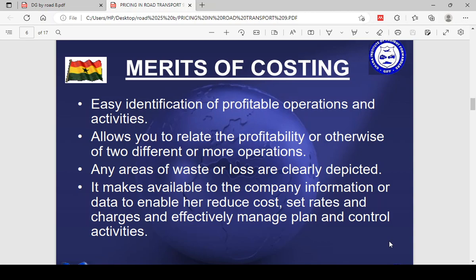Any areas of waste or loss are clearly depicted. So it makes available to the company information or data to enable her to reduce cost, set the rates and charges, and effectively manage, plan, and control the activities.